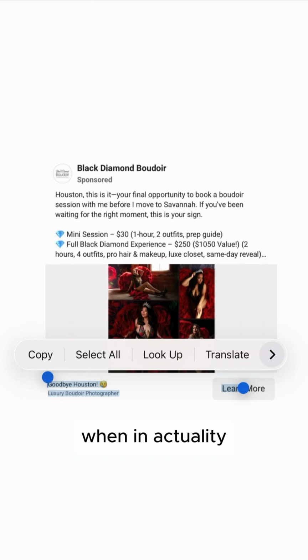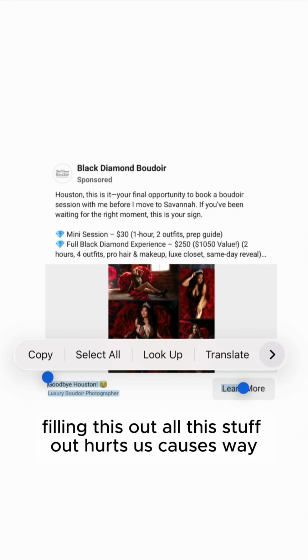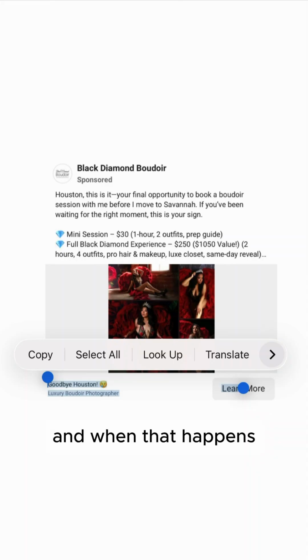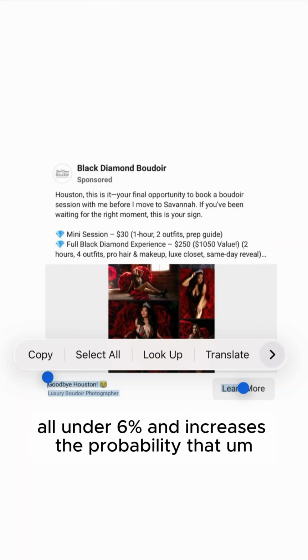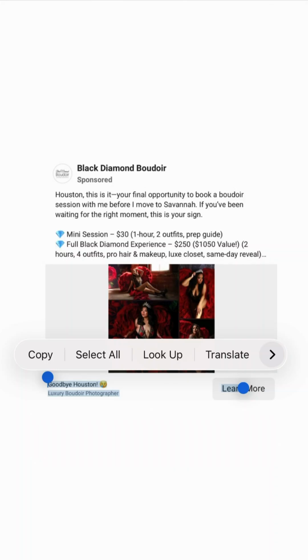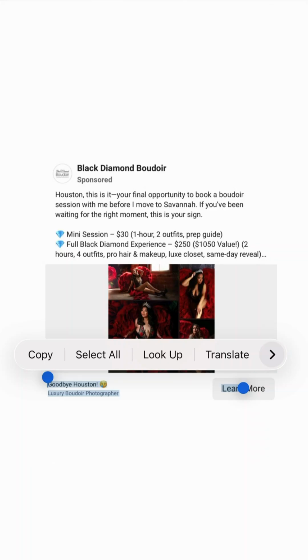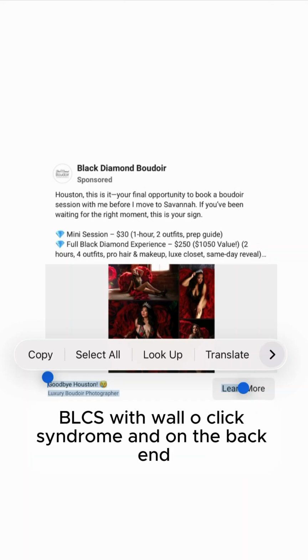When in actuality, filling all this stuff out hurts us, causes way, way, way more women to scroll by our Boudoir Facebook ads than necessary. And when that happens, it pulls our unique CTRL under 6% and increases the probability of BLCS, Boudoir low click syndrome.